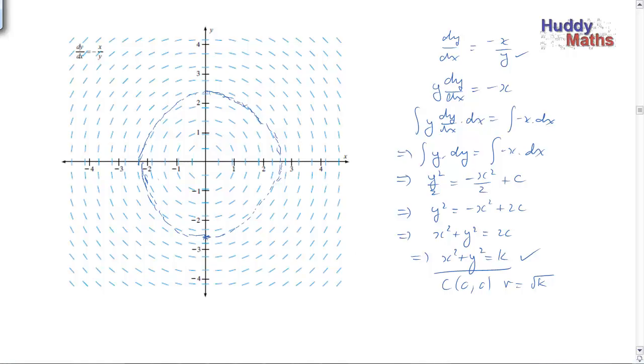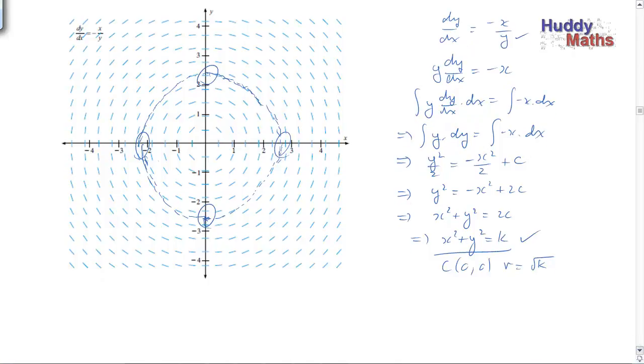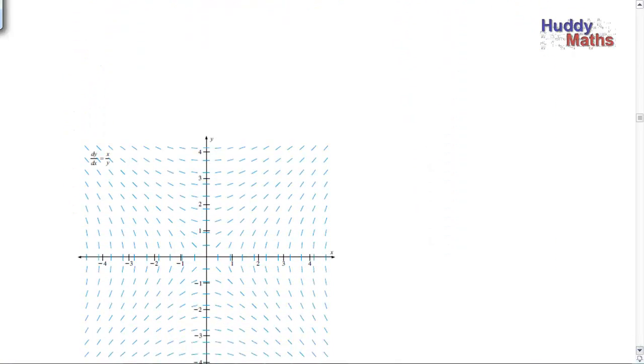You could check, they should all have the same radius, so this should all be 2.5. Not bad, a little bit out. But it's an approximation that doesn't cross the tangent lines or the slope field lines, because they're little tangents, and tangents can't be crossed, they touch. Tangents touch the circle, or the curve, if it's just any function.